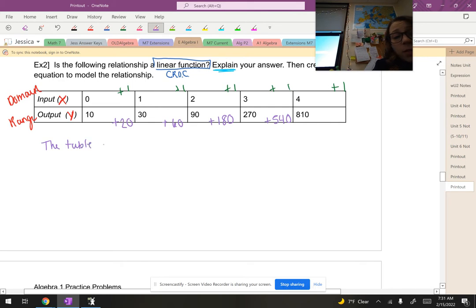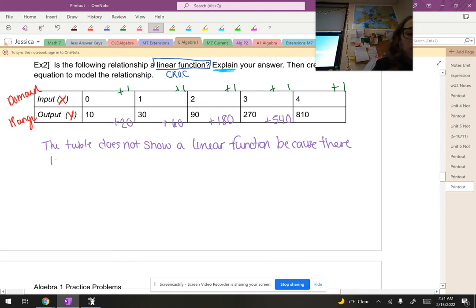The table does not show a linear function because there is not a constant rate of change.